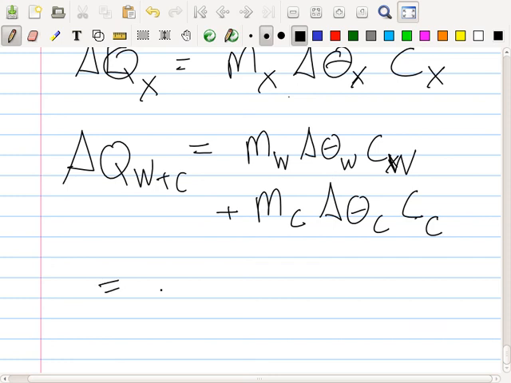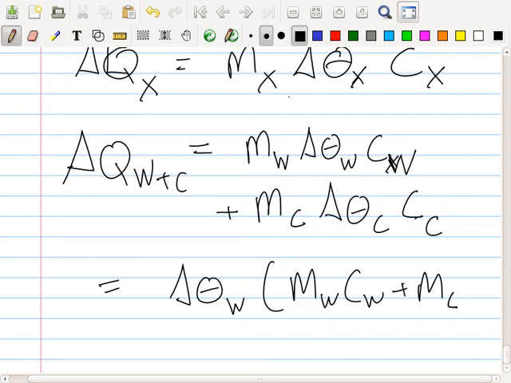So I can simplify this into the change in temperature of the water times (MW CW plus MC CC). The energy that leaves the block will go into heating up the water and the calorimeter.